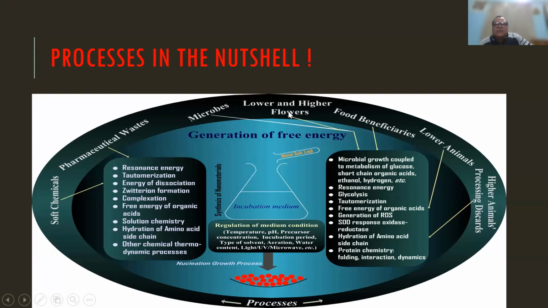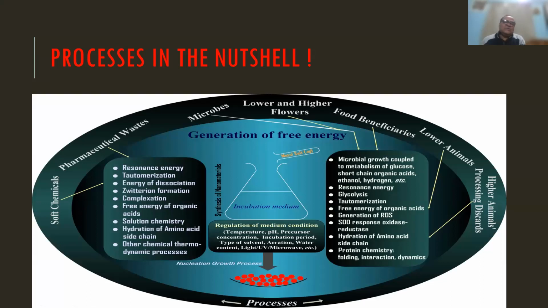Then you take higher flowering plants, food beneficiaries, butter, honey, other things, and you get nanomaterial. And these are the reasons why it is happening. Lower animals, higher animal processing discards. These are the processes. This is the generation of free energy. These are the sources. I have tried to show it in one figure. I have not done it myself; my friend Professor Kamal has prepared it. Let us be honest about it.